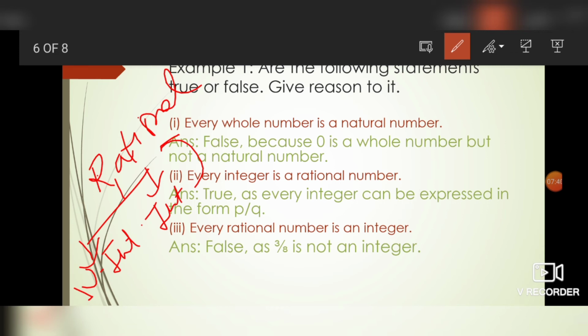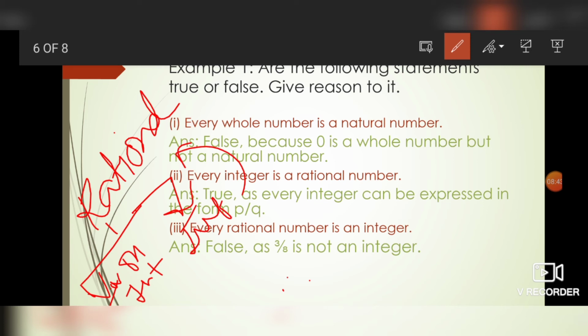So every integer is a rational number is true, as all the integers can be expressed in p by q form. Now, are all rational numbers integers? Obviously not. We can say all integers are rational numbers, but vice versa is not true. All rational numbers are not integers, because in rational numbers we have the non-integer part as well.